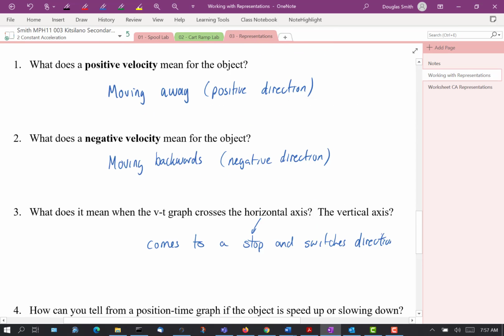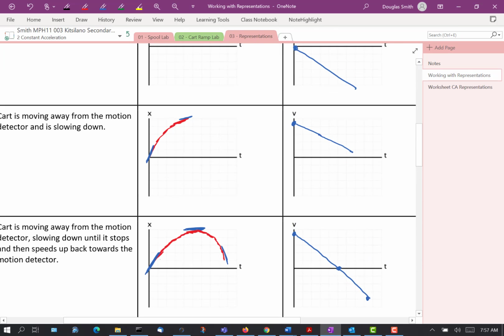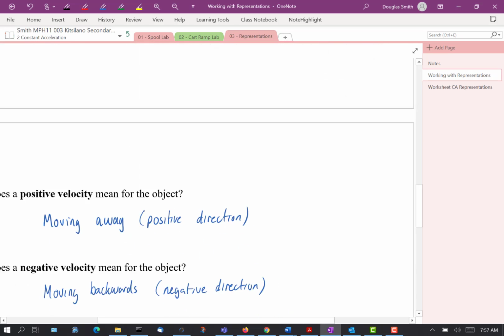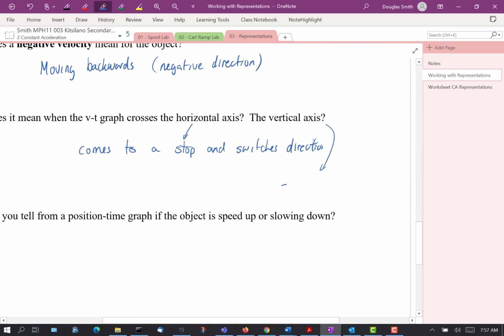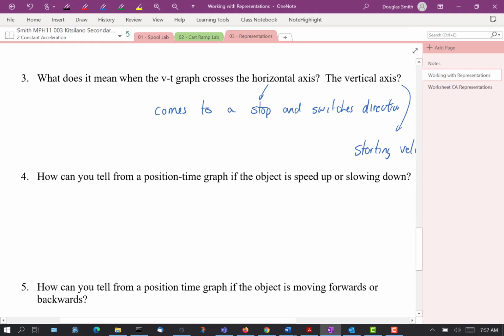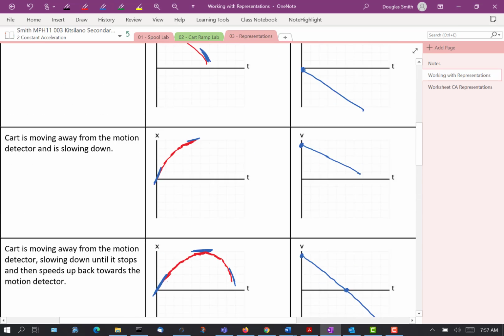What about the vertical axis? When it crosses the vertical axis, that's just the starting velocity. Okay, how can you tell from a position time graph if the object is speeding up or slowing down? Speeding up is when the slope is getting steeper and steeper. That's what's happening here.